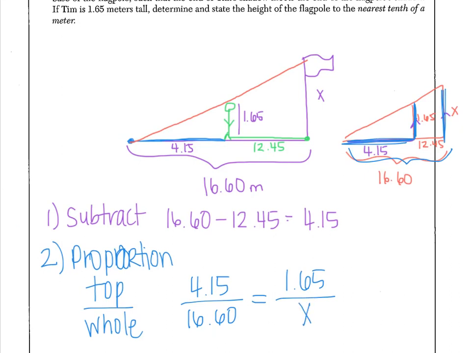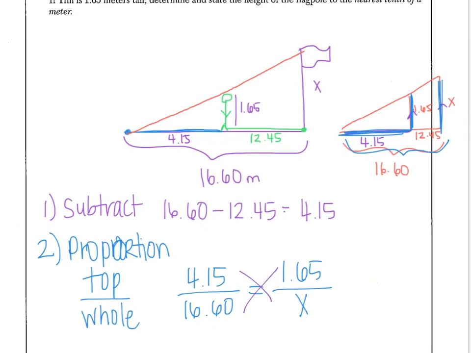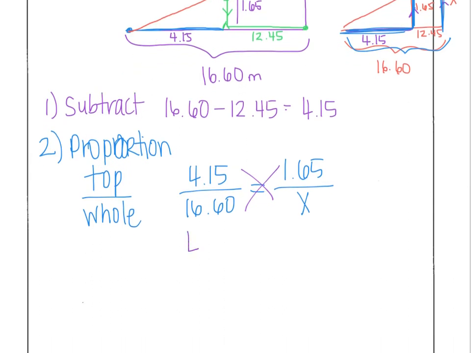We can cross multiply to solve here. So we have 4.15 x equals 16.60 times 1.65. In the calculator, that gives us 27.39. Divide by 4.15.